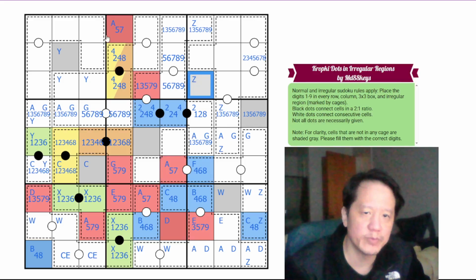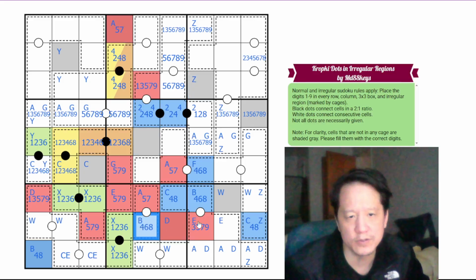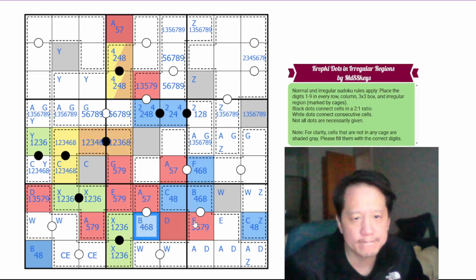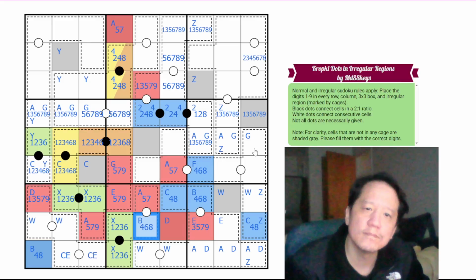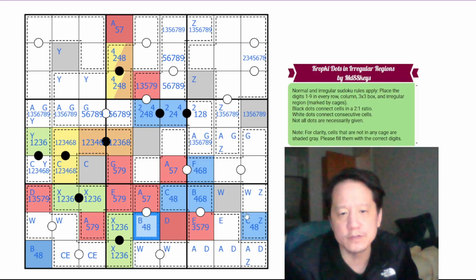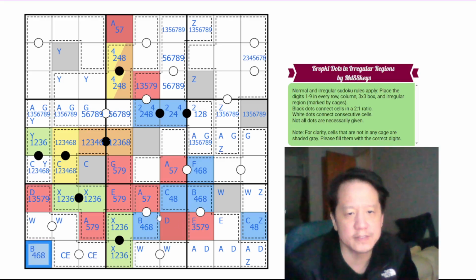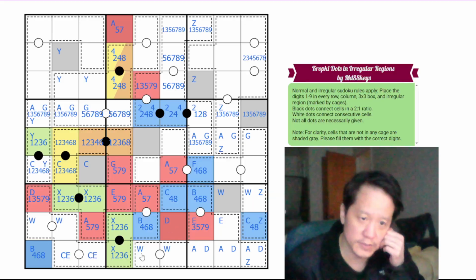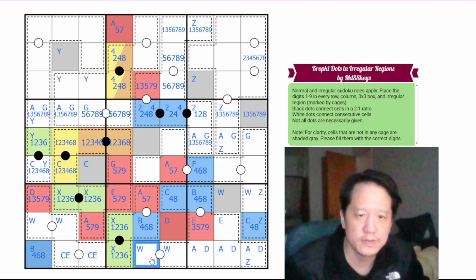A cannot be missing in any other gray region, so neither can B. B is 4 or 8. Oh, whoops. I had C as 4 and 8. Oops. Okay, so this is 4, 6, or 8 still.